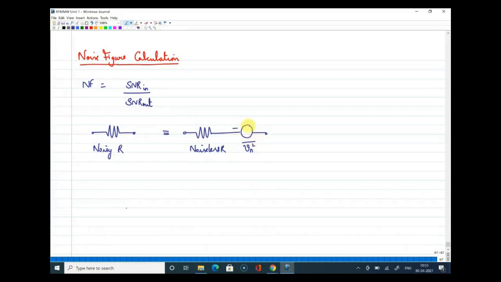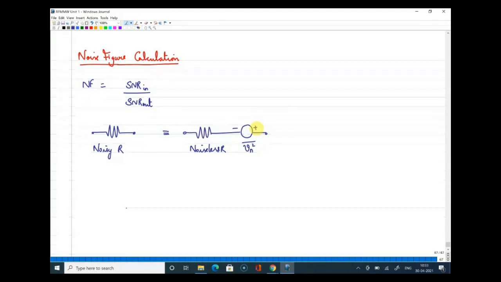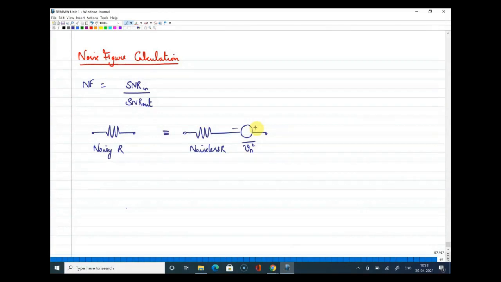I'll not go back to the basics of noise, how we express root mean square value and other things. You may kindly refer to the AICD noise lectures or class notes. If you want, I can share those materials, and if further doubts are there, I'll go back to the details of that noise. So any noisy resistor can be equated as a noiseless resistor in series with a voltage source. This is one way to represent a noisy component. In a similar way, consider an RF system, an antenna followed by an amplifier.